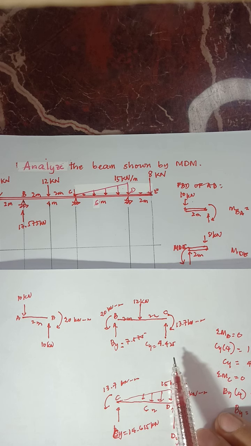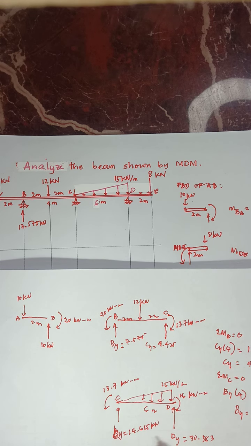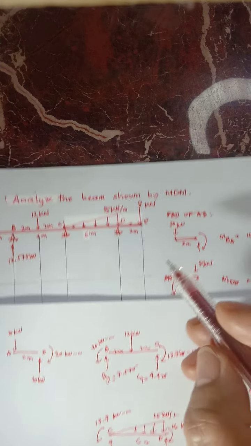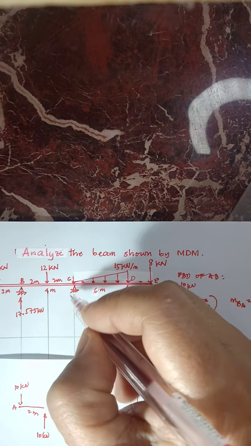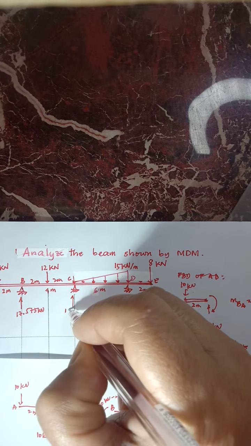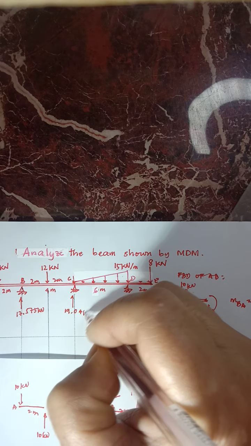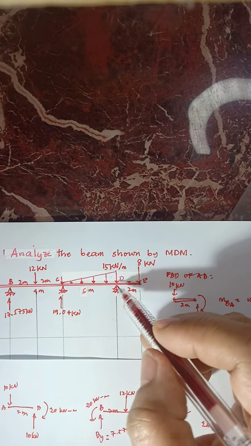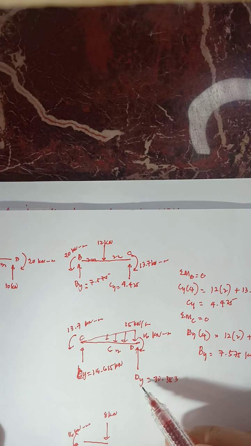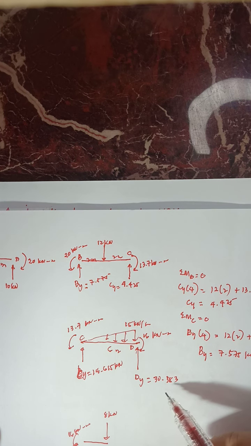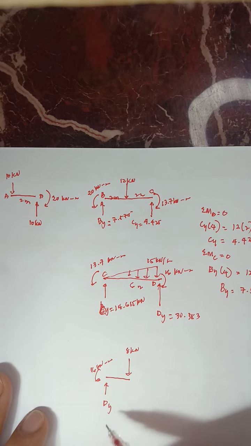So 4.425 plus 14.615 is equal to 19.04 kilonewtons.